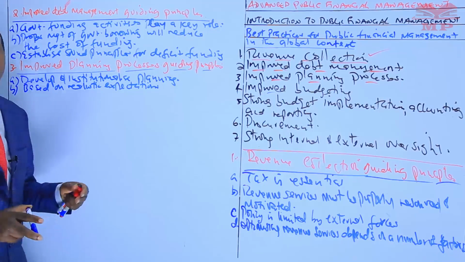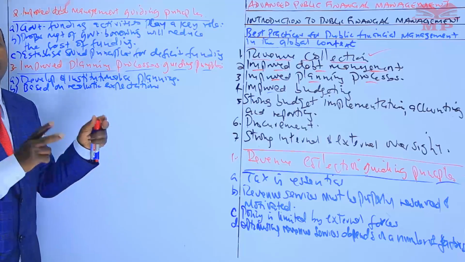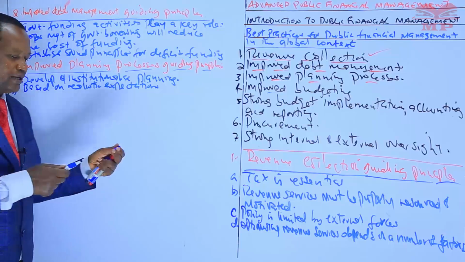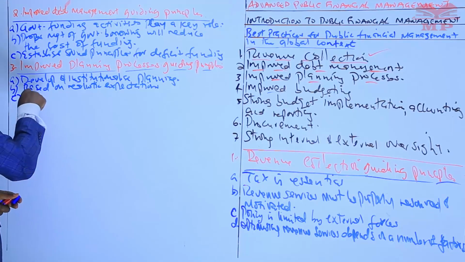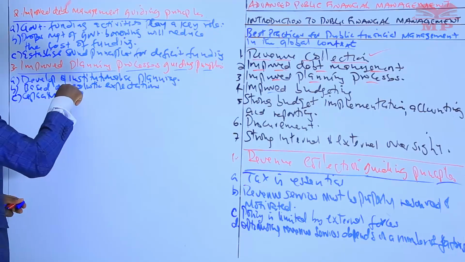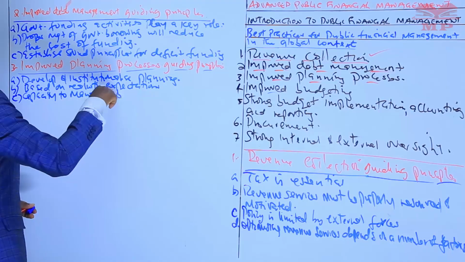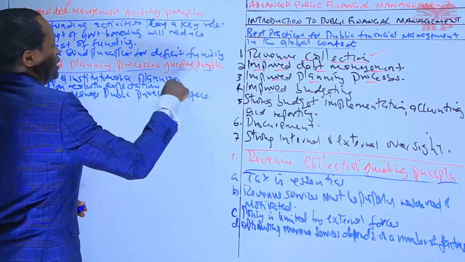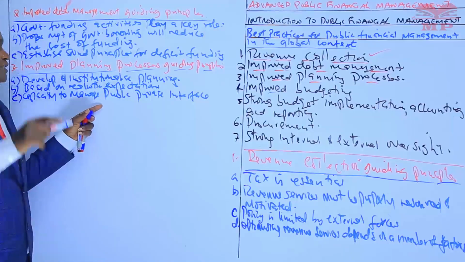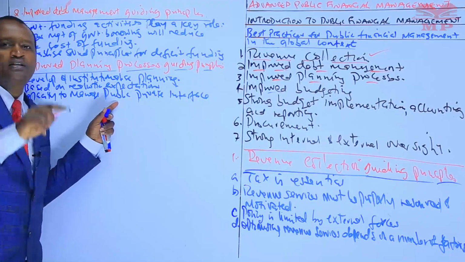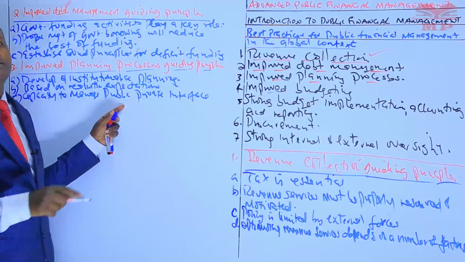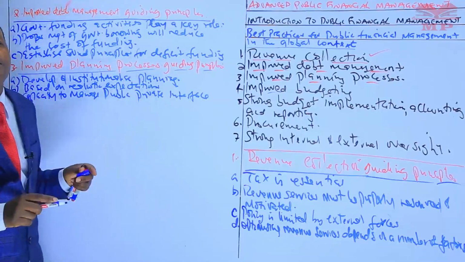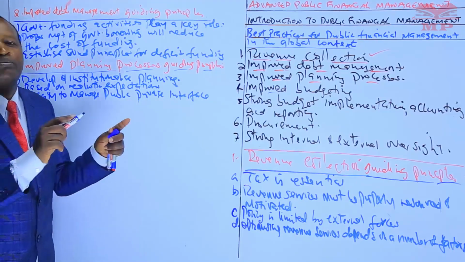The third point is that government should create the capacity to manage public-private interface, and to leverage private sector activities in meeting the public objectives.